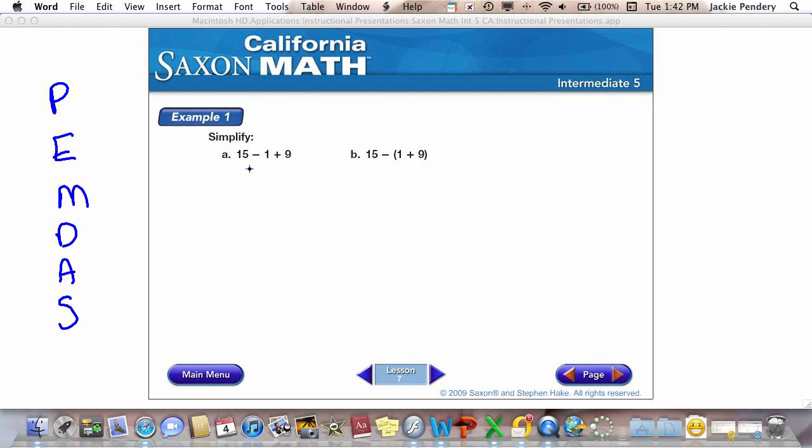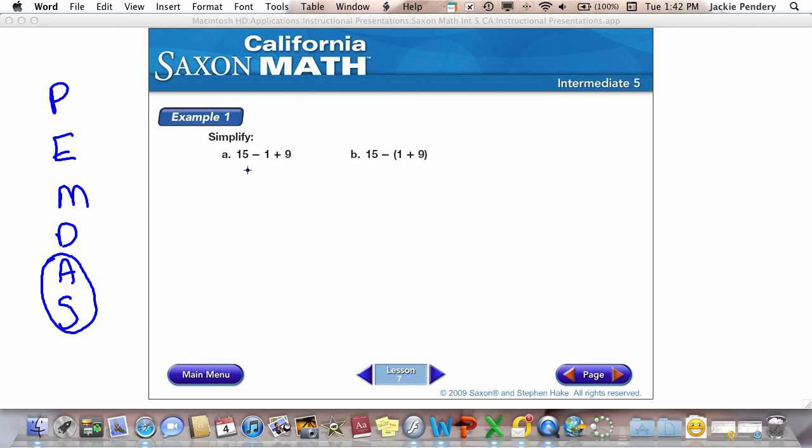So let's start with A, 15 minus 1 plus 9. Well, I don't see any parentheses, so I don't have to do anything. Don't see any exponents. I see no multiplication. I see no division. So now I'm going to add and subtract, but I'm going to do addition and subtraction as a pair, moving from left to right.